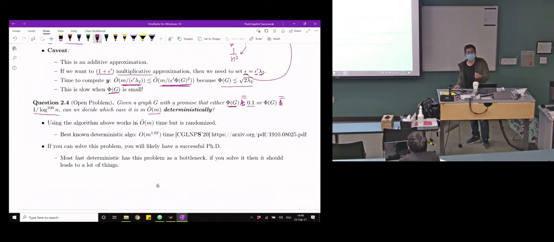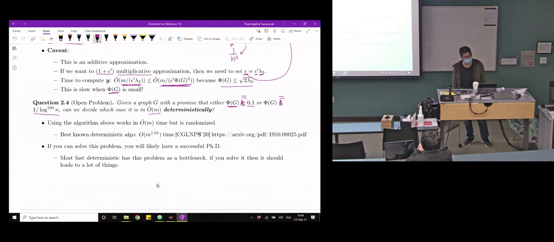What is the step which is randomized? Picking the x vector. Yeah, use a random x for the power method. That's the only randomized step. Everything else is completely deterministic. And it's very simple, and it solves this completely in linear time. Can you do it deterministically?